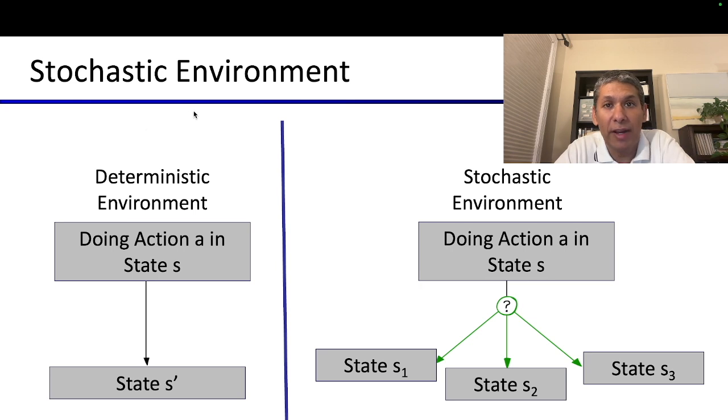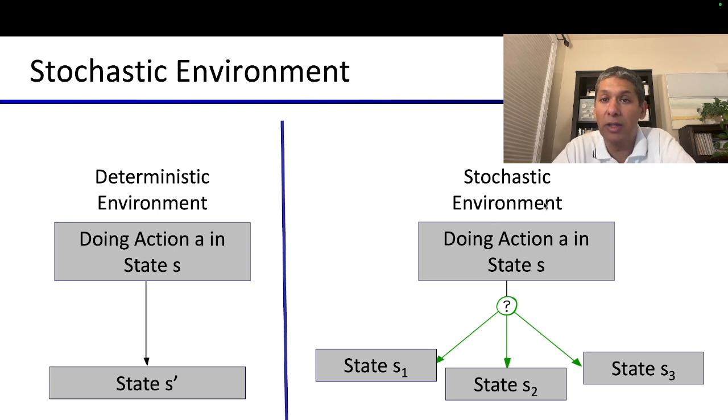So first of all, let's understand what is the environment that we're operating in. We're trying to understand how to work with stochastic environments. That means these are probabilistic environments. How are they different from deterministic environments? Well, in a deterministic environment, if you do a certain action A in a state S, then you reliably reach the state S prime.